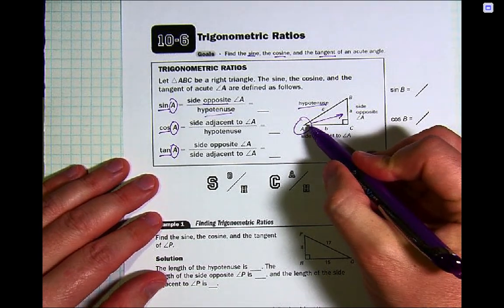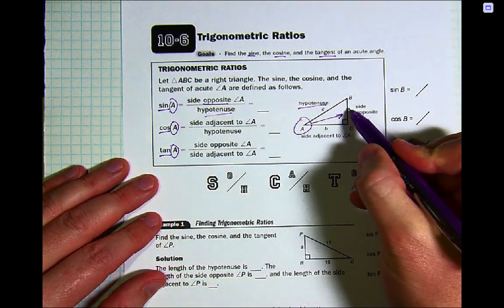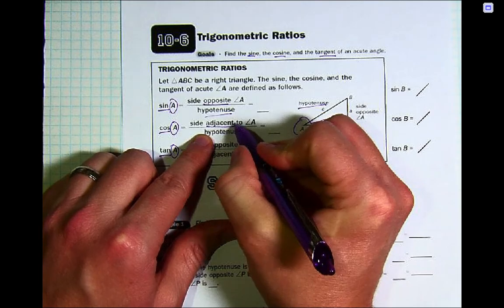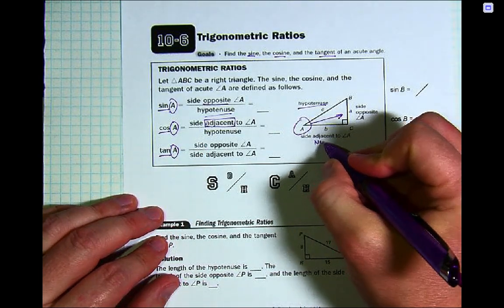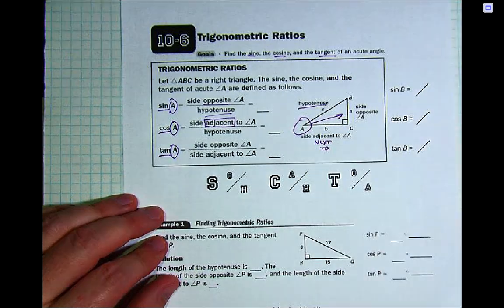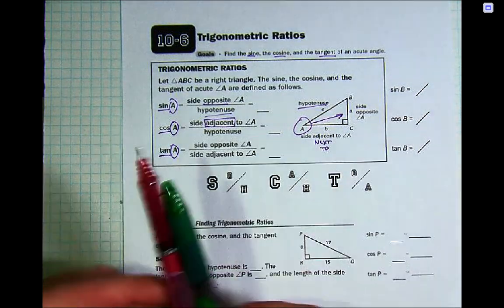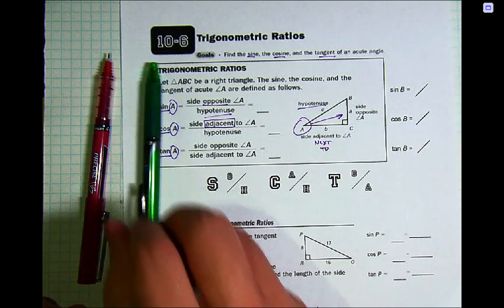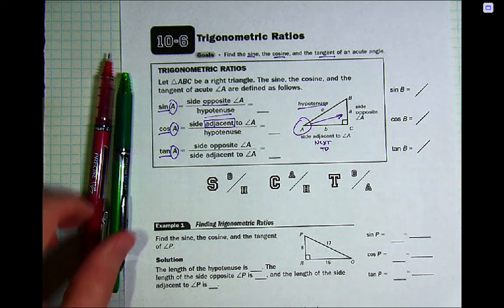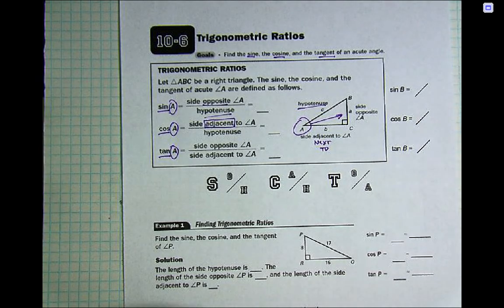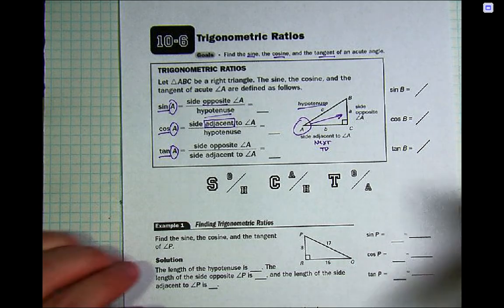Instead of going across to the opposite leg, we're going to use what we call the adjacent leg. What does adjacent mean? Adjacent means next to. So I could say that my red pen is adjacent to my green pen right now. Why? Because they're next to each other. They're adjacent to each other. So what side of the triangle is adjacent to angle A?